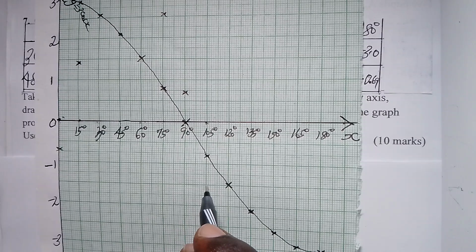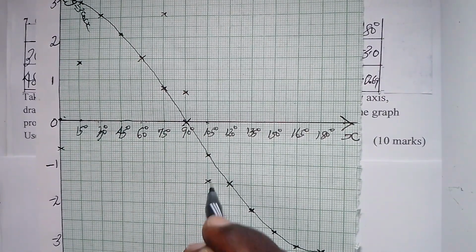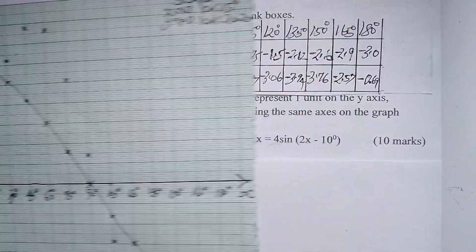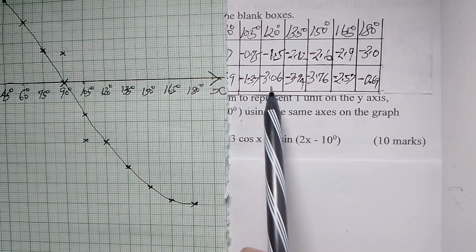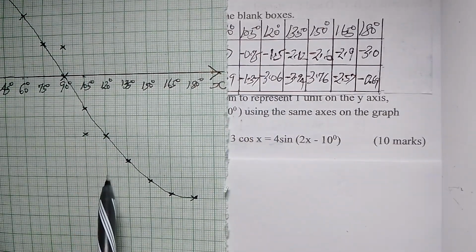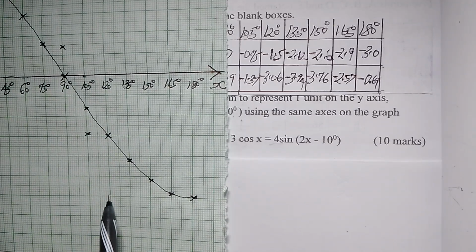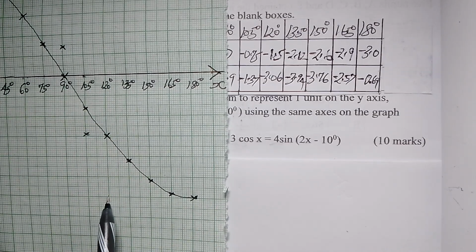At 120 degrees, negative 3.1. So 120, negative 3 is here, and negative 3.1 is two small squares below negative 3.